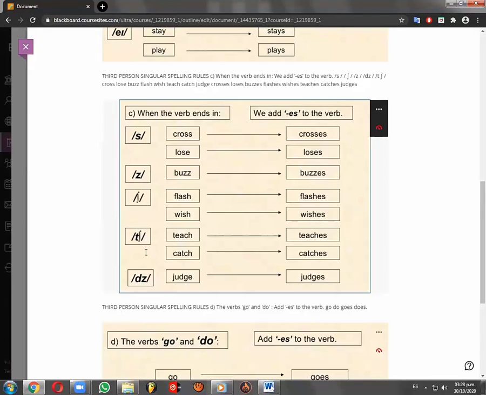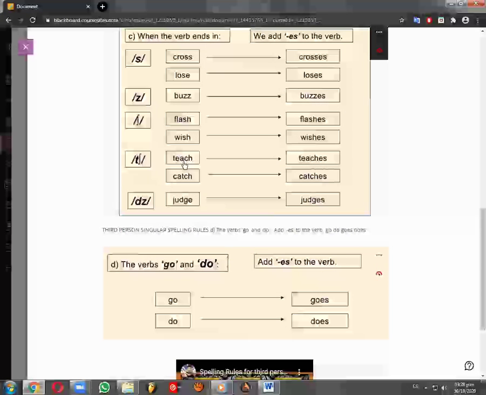For example, flash, flashes, wish, wishes, okay. And also teach, teaches, catch, catches, and judge, judges.